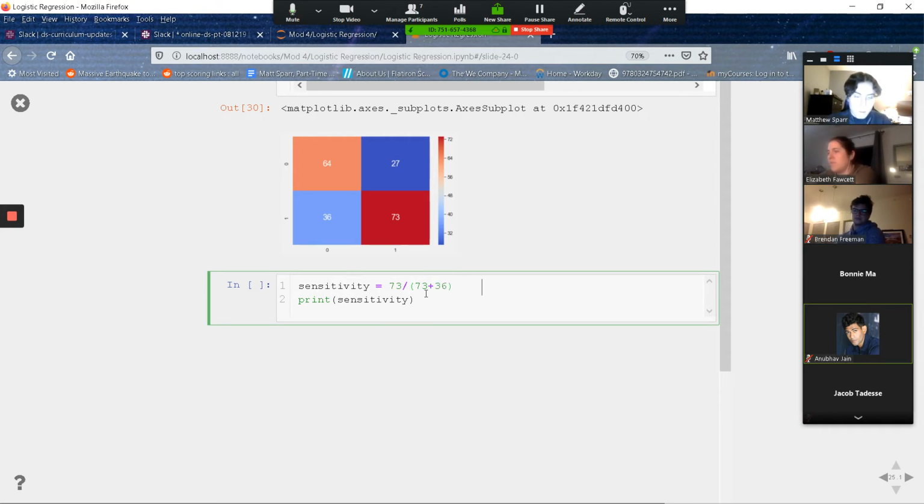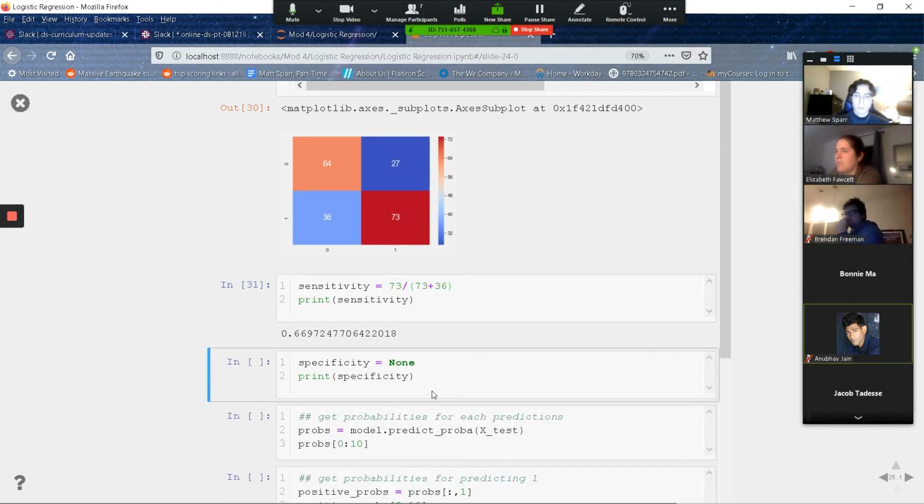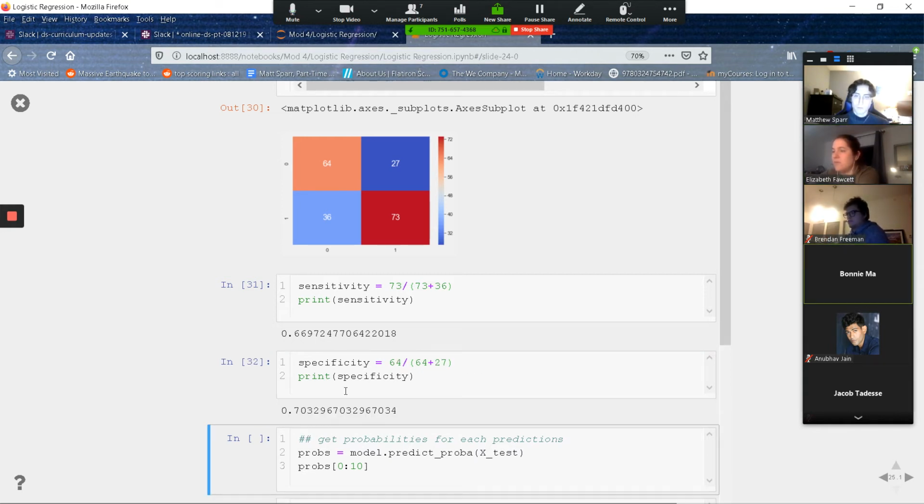So plus 36. All right, so there's our sensitivity. And then what's our specificity? Yep. All right, so we see we got a little bit higher specificity there with 70%.